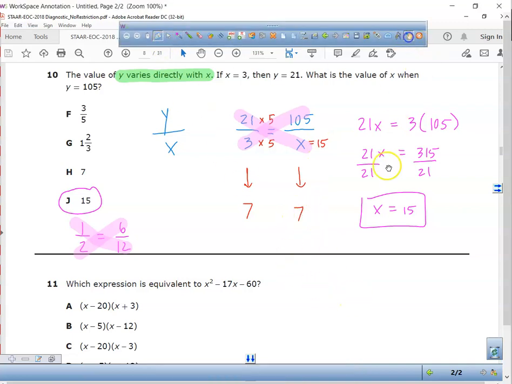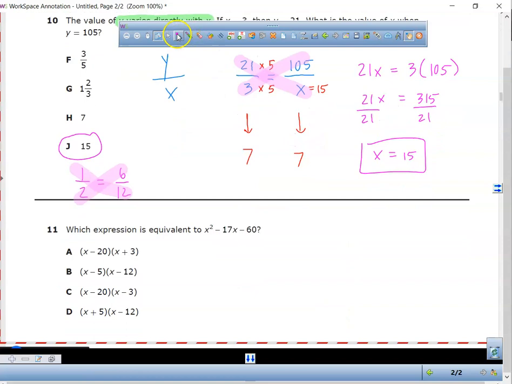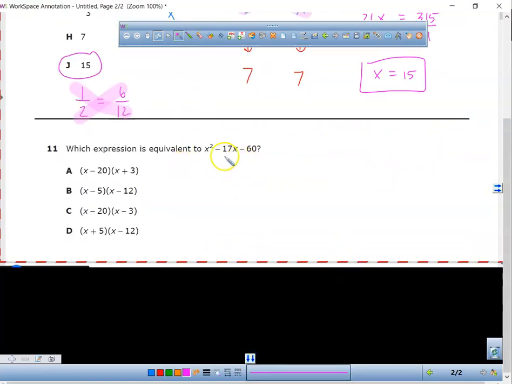All right. Now, yesterday we talked about these briefly. Right now, what I'd like you to do is blank plus blank equals negative 17 and blank times blank equals negative 60.